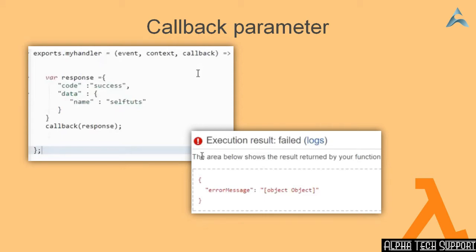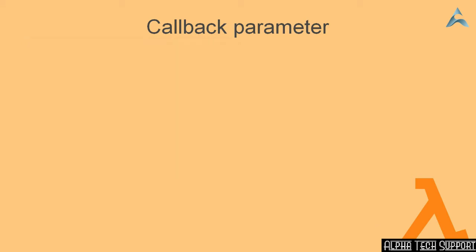So this is the callback parameter, and we have learned about the three objects, the event, context, and callback, and now we can implement a simple solution. You must try to give a headshot to Lambda function, create a Lambda function, use these three objects within the handler method, and write a simple Lambda function for a wide range of triggers like S3, RDS, DynamoDB, API gateway, and so on.